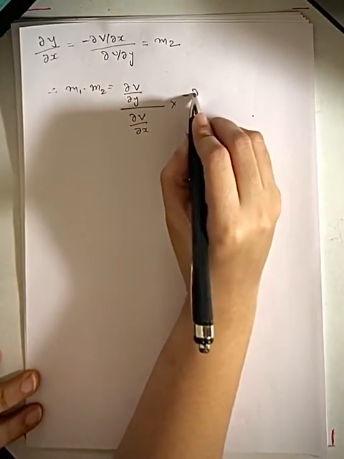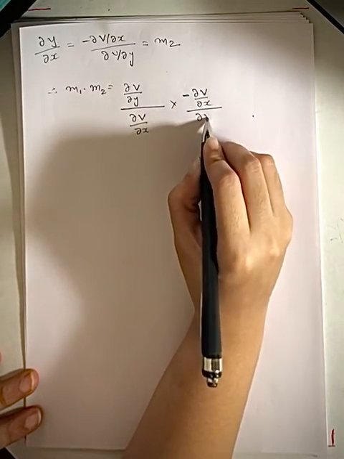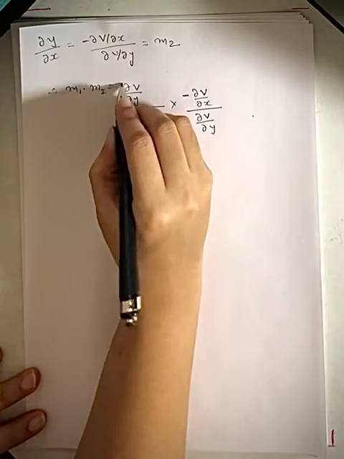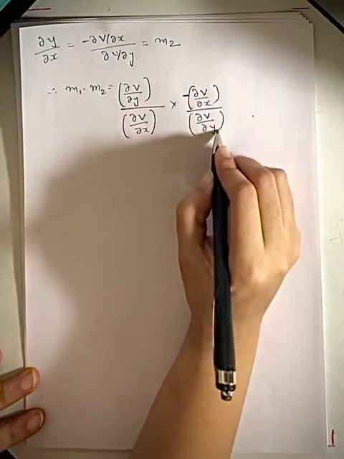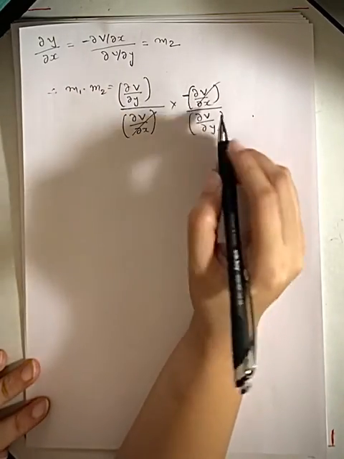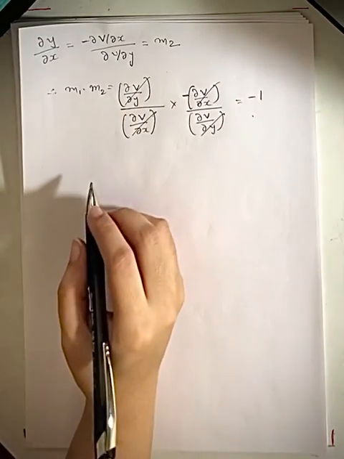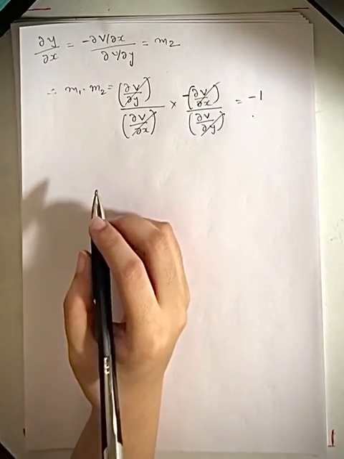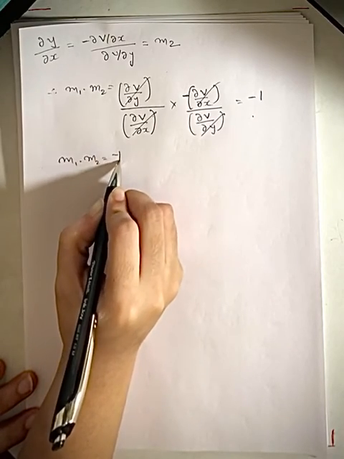It is minus del v by del x whole divided by del v by del y. So this is one whole term, this is also, so consider this whole bracket as a term. You see that this will cancel out and this will also cancel out. So we are left with minus 1. So the final result we get is M1 into M2 equals minus 1.